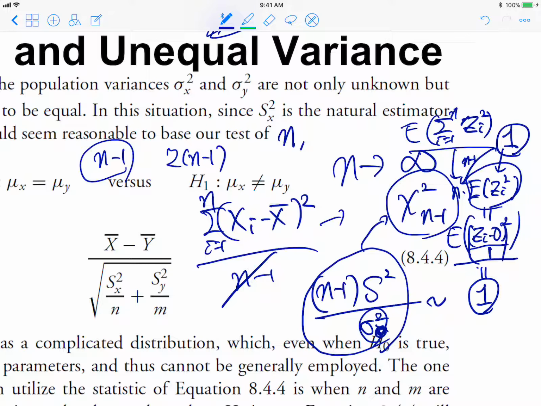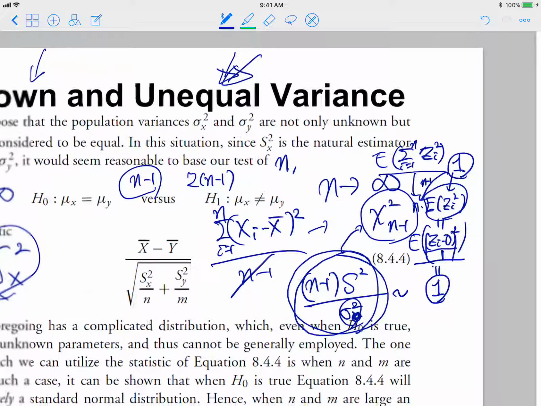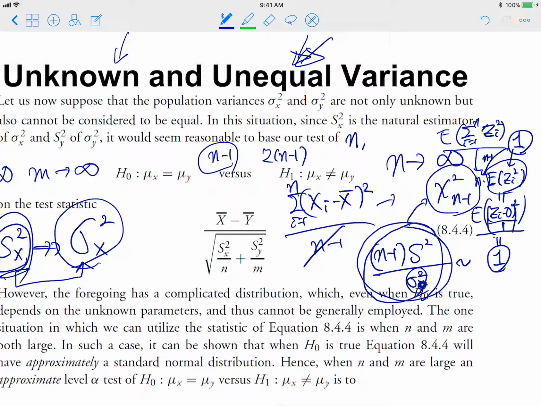Okay, then this value will have the chi-square distribution. It will be the chi-square distribution, and then let's consider this the variance of it.